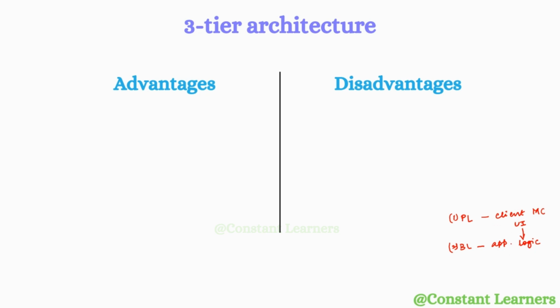Then after the query is processed, it is sent to the third layer, which is the data layer. And the data layer has the database server. The database server has a database management system that performs the required task and responds to the request that the client has made.